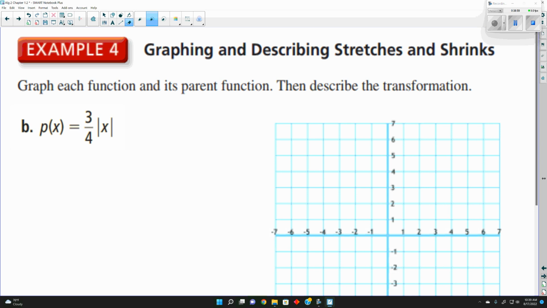So this one here, we can talk through this one. This one here would be what? A vertical shrink of, because it's less than 1. This here would be a vertical stretch of. This one here is a little tricky.